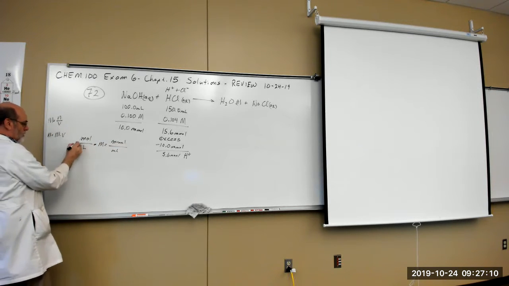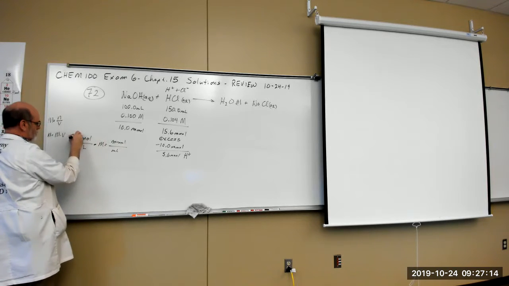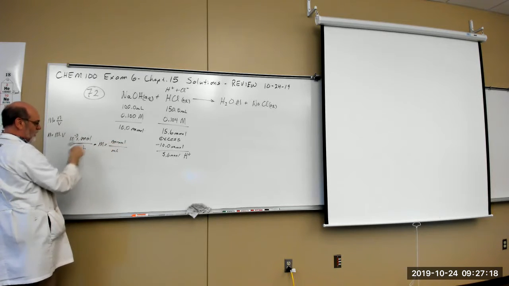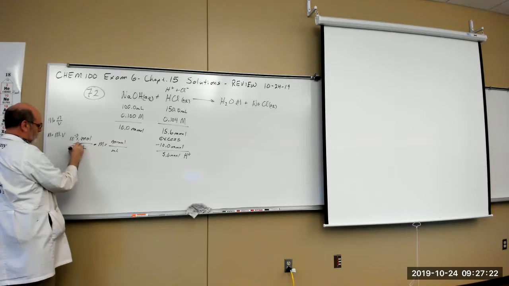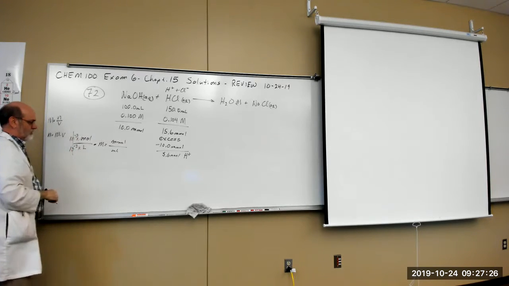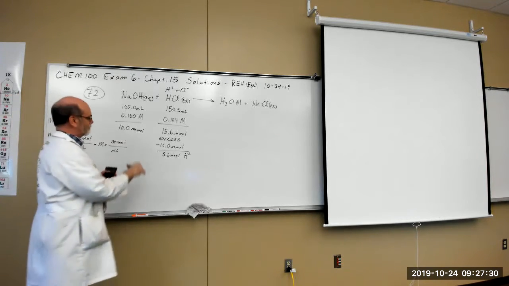Well, how do you get millimoles from this? 10 to the minus 3? Right, 1,000th of this is a millimole. How about liters to milliliters? 10 to the minus 3? Same thing. We just had to prove it to you.